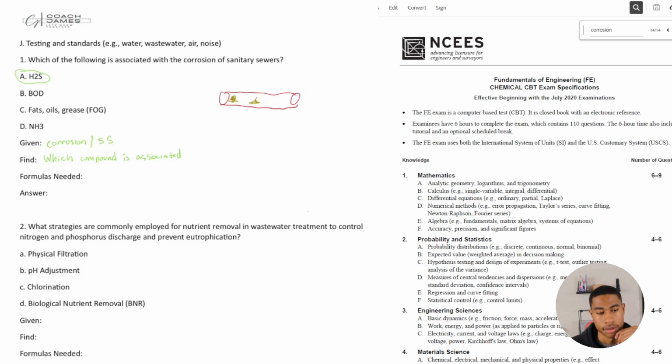Not really a thing you gotta worry about for sewer and corrosion specifically. Fats, oils, and greases, it's not necessarily gonna corrode things. If anything, it might make it slippery, or it could clog. One of the two, but it's not gonna corrode.